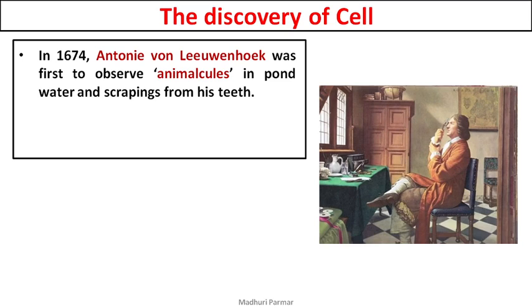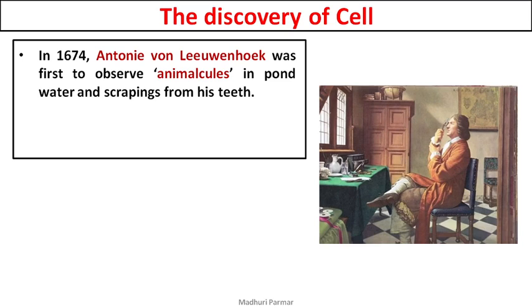So one time he got the pond water. Okay, wherever the water has been stagnant, he got that pond water and he tried to look at it under the microscope. He saw a lot of things moving around in that drop of water.